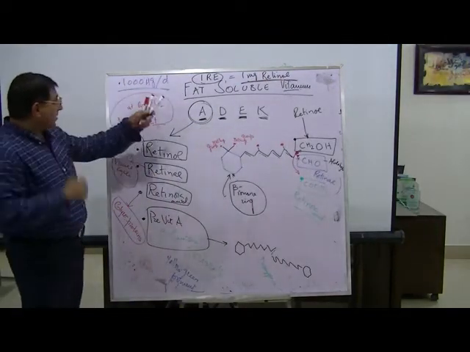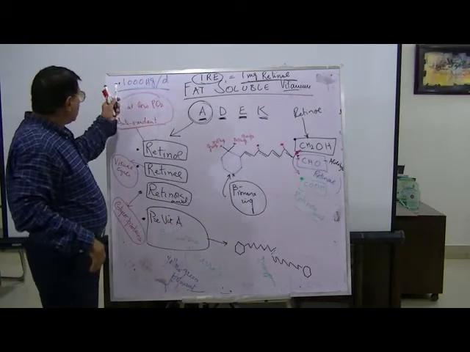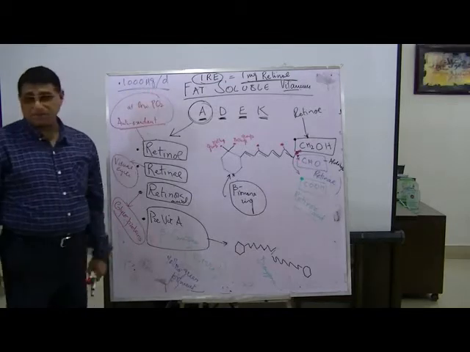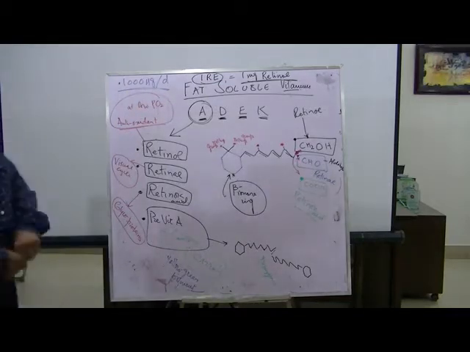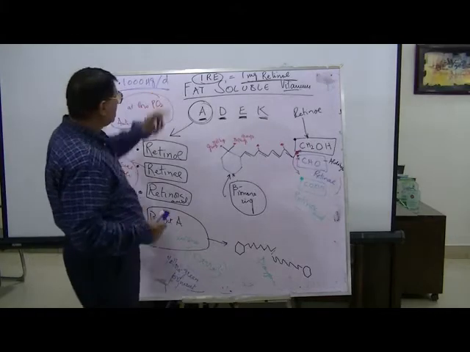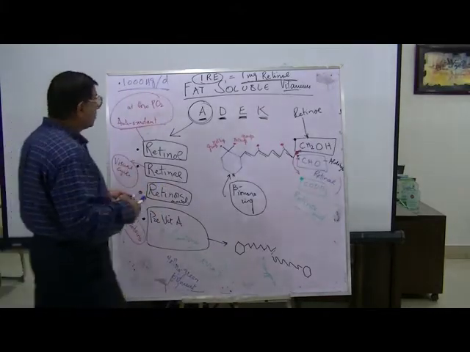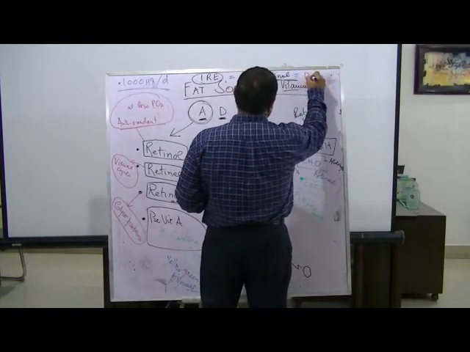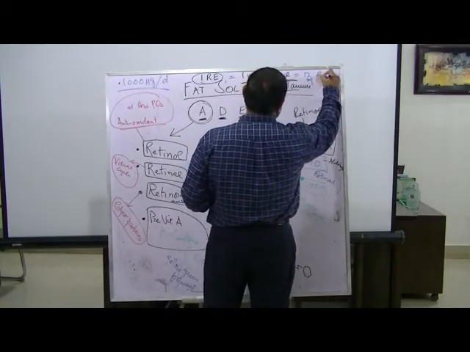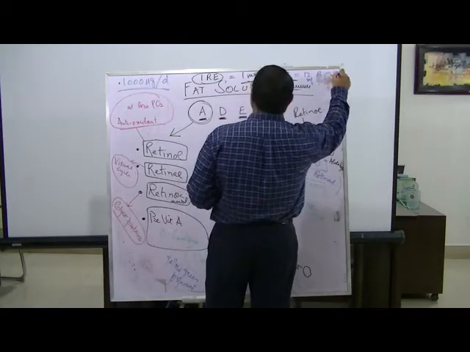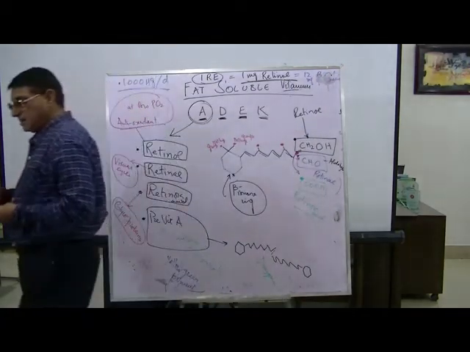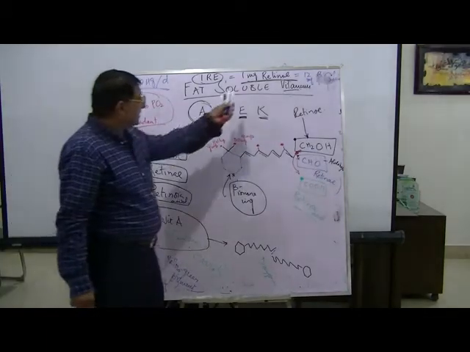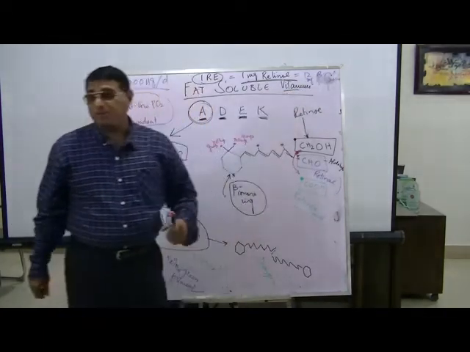So the normal dose, 1 retinol equivalent, is 1000 micrograms per day. And for ratio, 1 microgram retinol is equivalent to 12 micrograms of beta carotene.